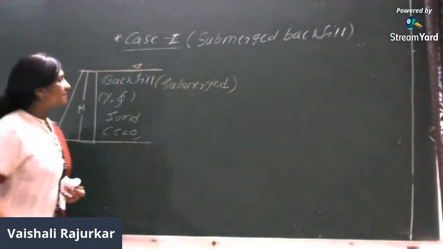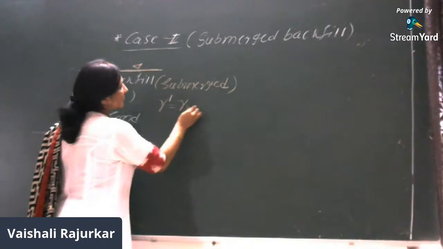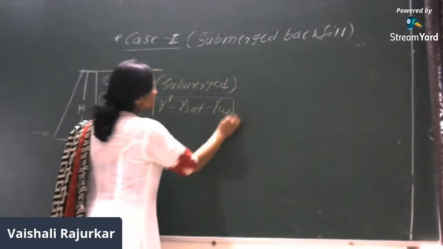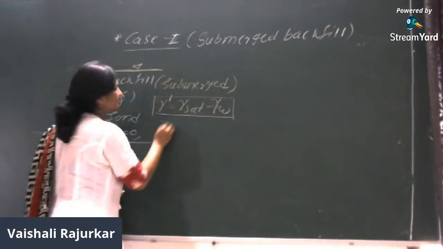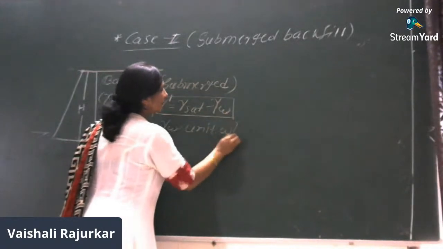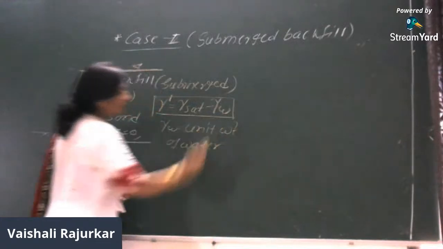When the backfill is submerged, the submerged density is calculated as gamma saturated minus gamma W. So what is gamma W? Gamma W is the unit weight of water.